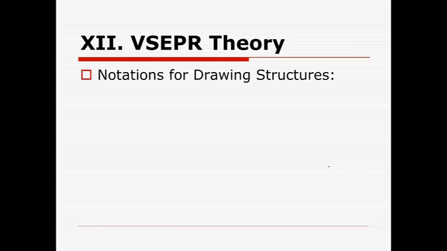Now, notations for drawing a structure. Let's say we want to draw this structure, XY4. You drew the Lewis dot structure and it comes out looking like this: X in the middle, Y's around it. This may or may not be the actual structure, but if we want to show what a 3-dimensional object actually looks like in 2 dimensions, we do it this way.